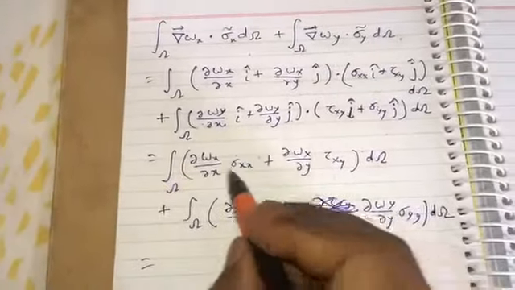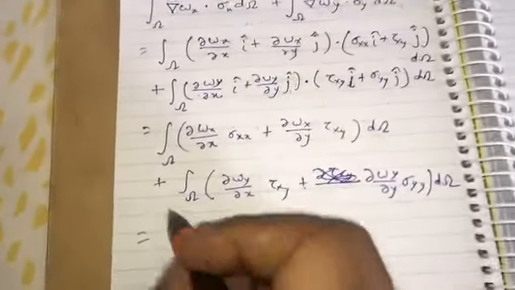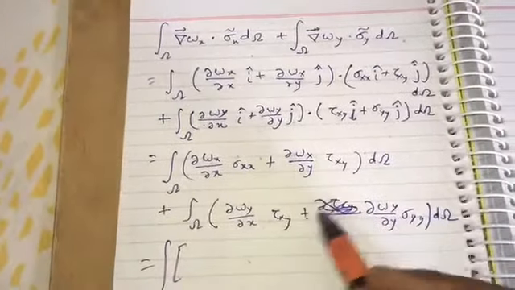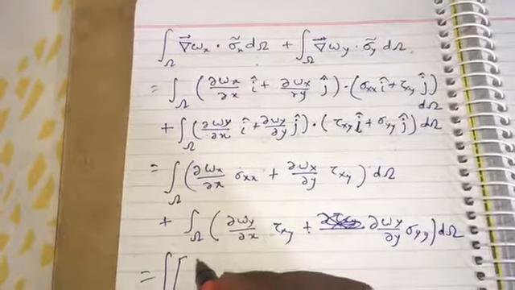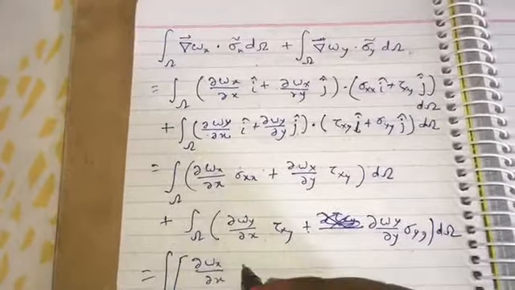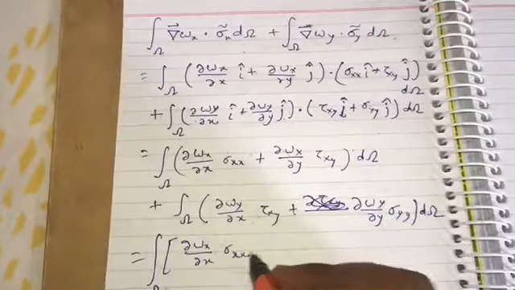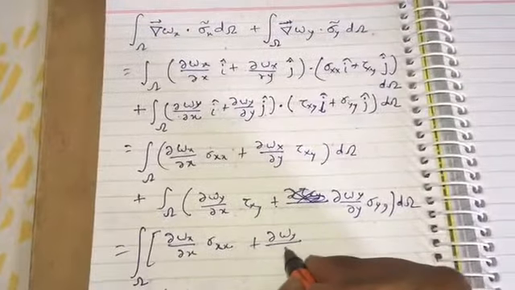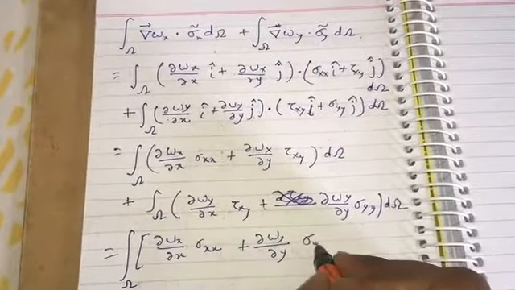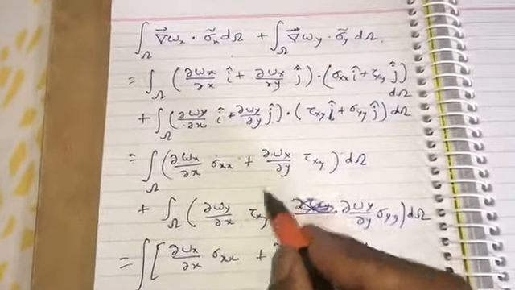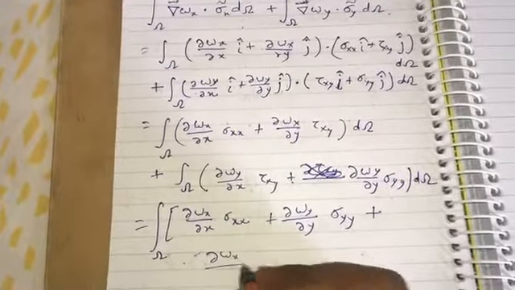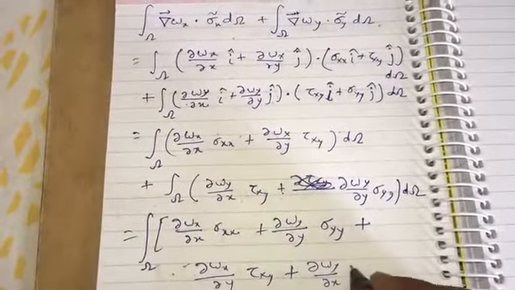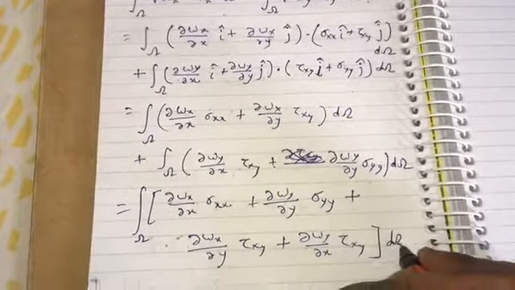Both terms we now combine inside a single integral, so this becomes del wx over del x sigma xx, plus del wy over del y sigma yy, plus del wx over del y tau xy, plus del wy over del x tau xy, d omega.